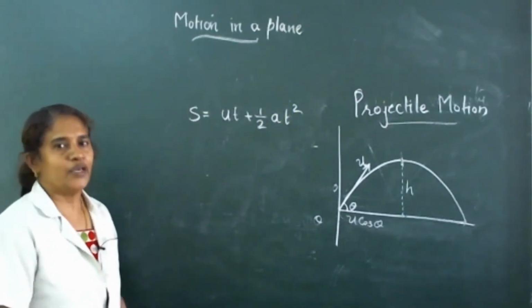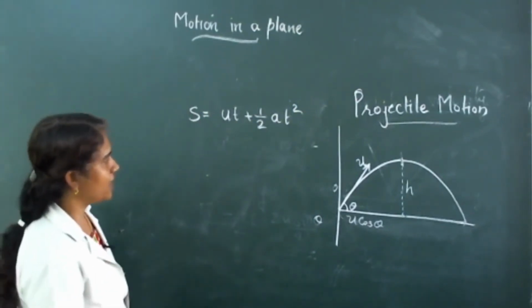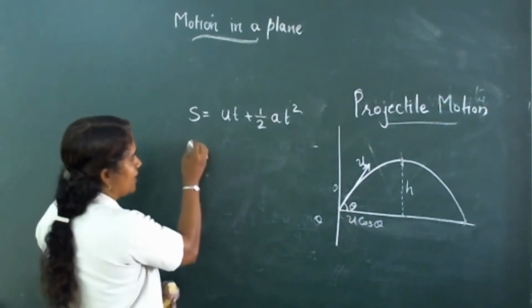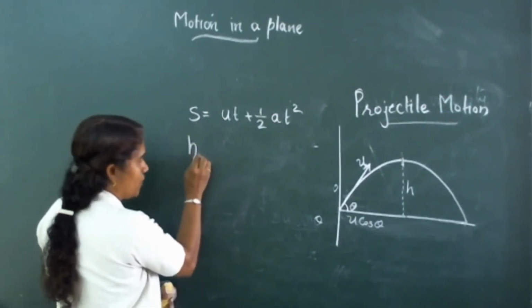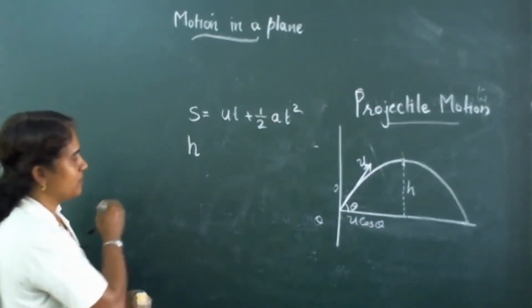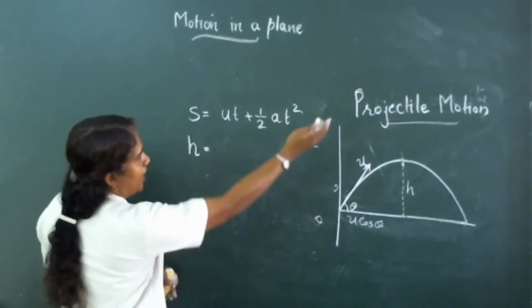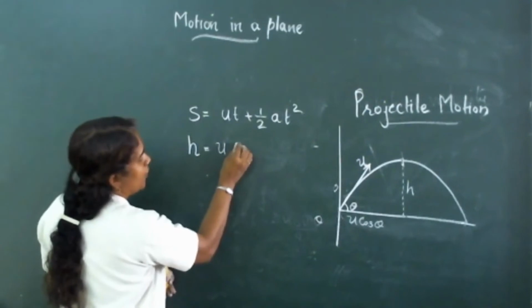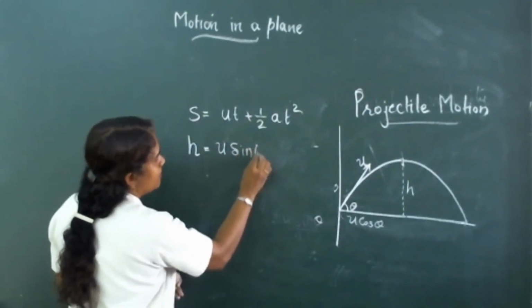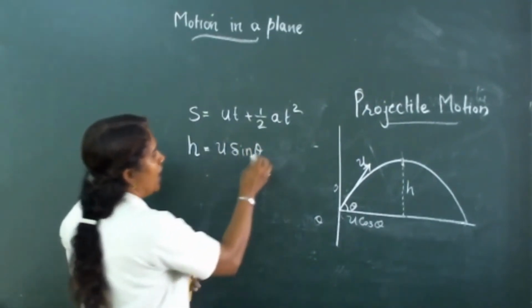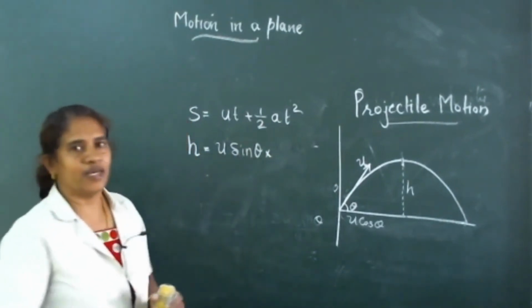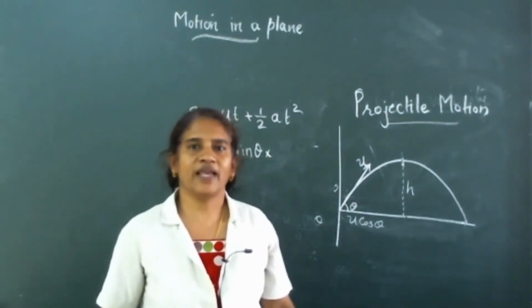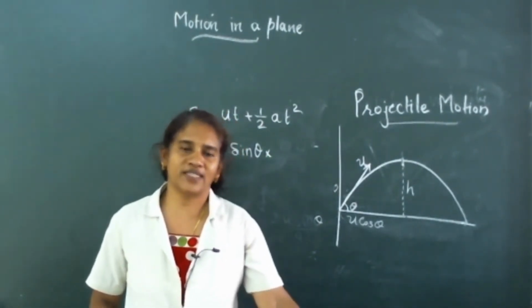So when we are taking the distance in the y direction as h, the starting velocity in the y direction is u sin theta. The time taken is equal to the time of ascent.